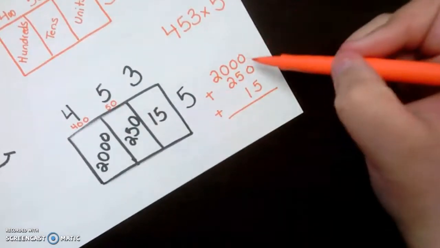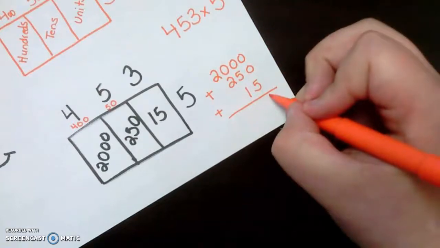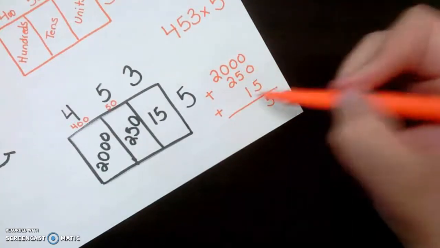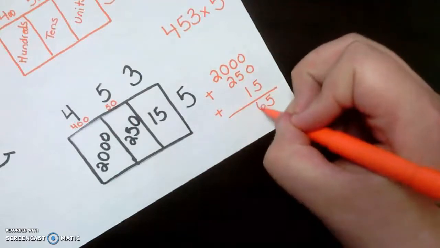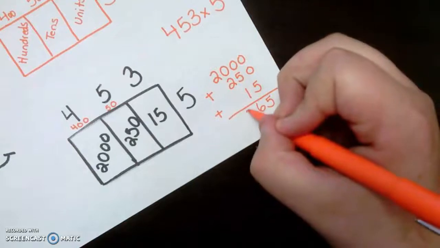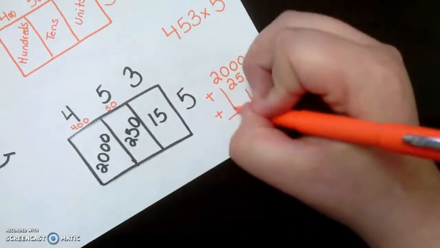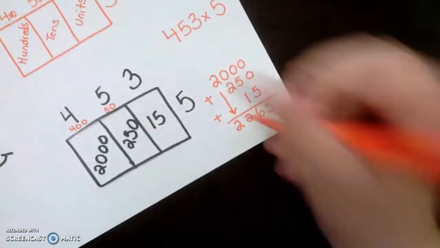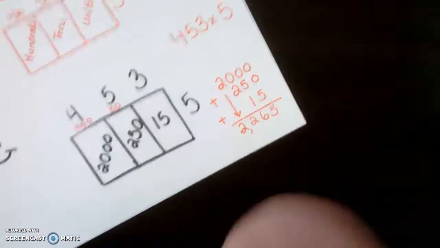So we've got a 0 plus 5. We're going to bring that down, make a 5. We have 0 plus 5, which is 5, plus 1, which is 6. We have a 0 plus 2, equals 2. Then this 2 is going to come down and join them and make 2,265. And there you go.